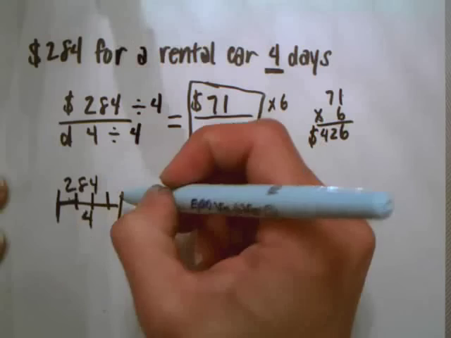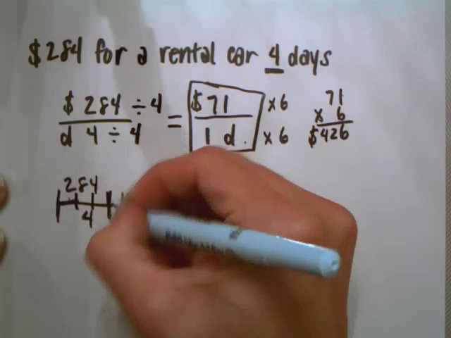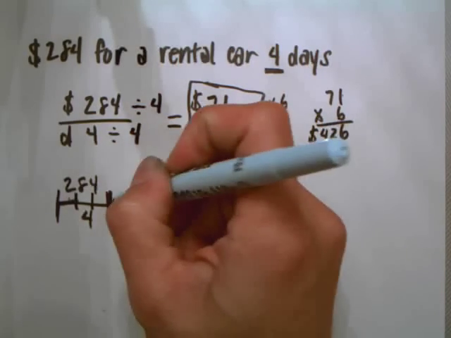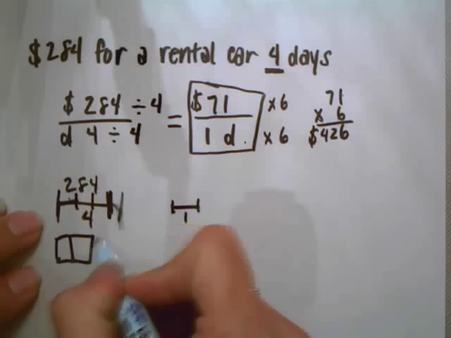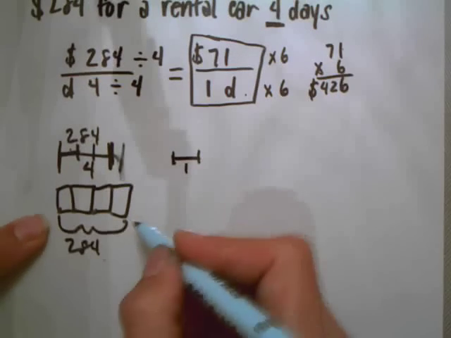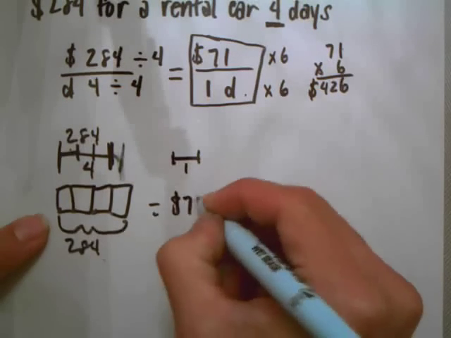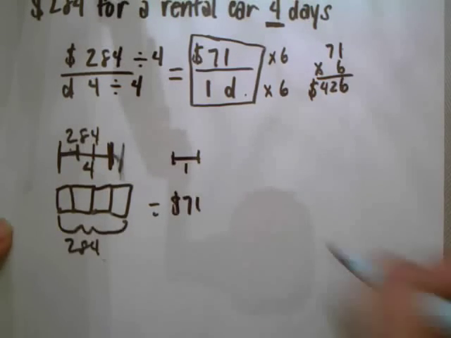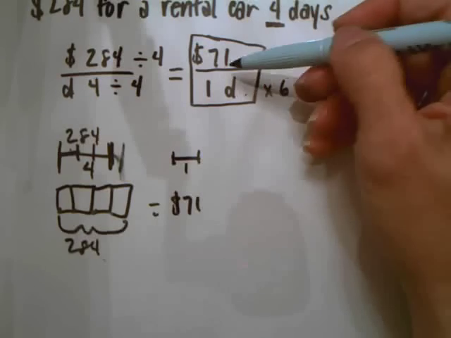I like to do the boxes anyway. So here's 4 days, $284. So it's still going to equal $71 here. All right, so now we've got our unit rate.